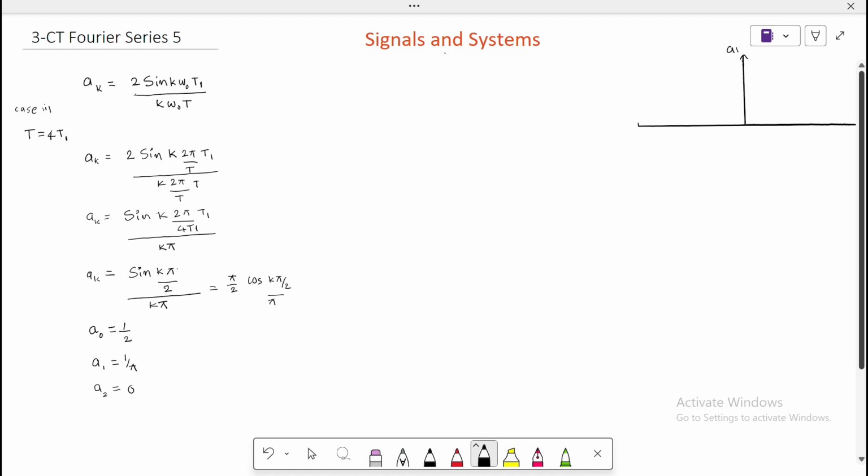So this is a_k versus k. At k equal 0, this value, assuming this is the sample.